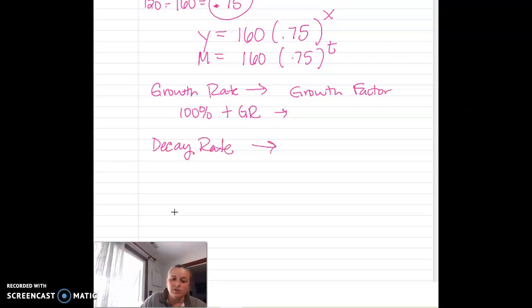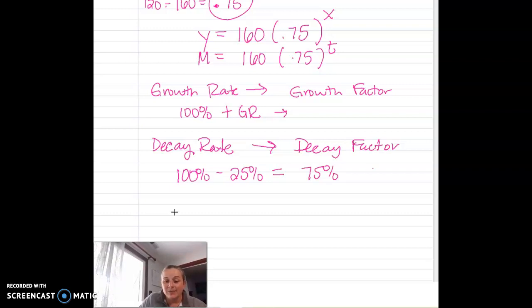decay rates into decay factors, we still have that 100% of what we started with. So you get 100% of that 160 milligrams to start with, but every single hour, 25% goes away. So we look at this, we have 100% of what we started with minus the 25% for that first hour, leaving behind 75%, which as a decimal is 0.75.